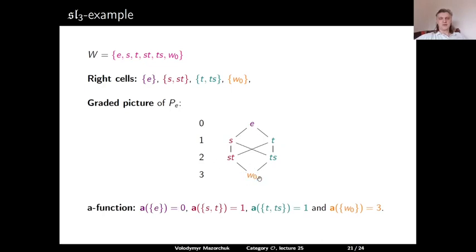For w_0, the only subquotient appears in degree 3, so the value of the a-function at w_0 is 3. For s and st, we have one subquotient in degree 1 and one subquotient in degree 2, so the value of the a-function is the minimum, which is 1. And similarly for the right cell of t and ts.